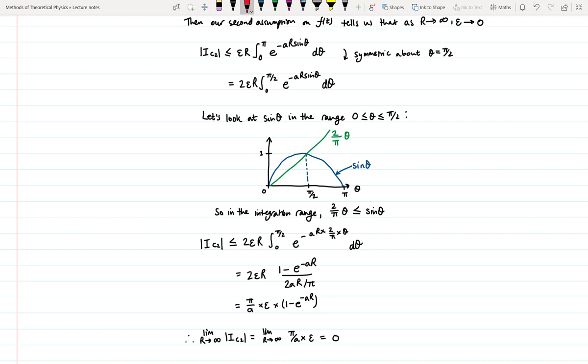This result, where we've replaced the sine of theta appearing in the exponent with 2 over pi times theta, in order to show that this contribution along the arc vanishes as r tends to infinity, is called Jordan's lemma.